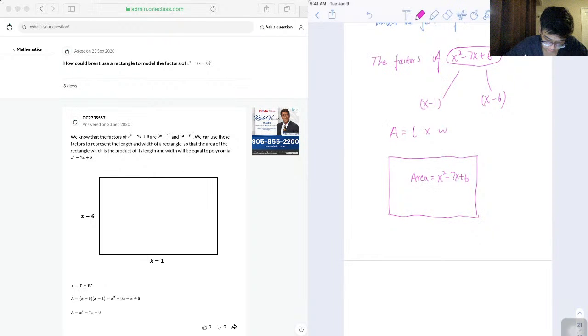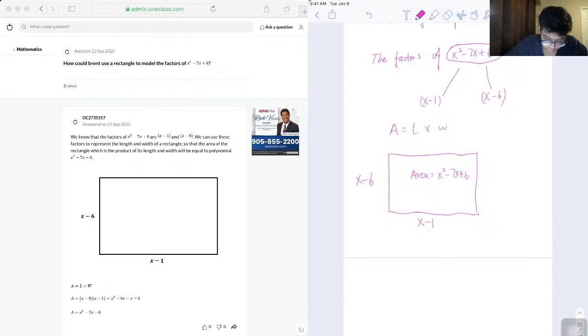Length is x minus 1, and width will be x minus 6. And since we know the formula of a rectangle, area is equal to length times width. So same thing, area, which is x squared minus 7x plus 6, is equal to length, which is x minus 1, times width, which is x minus 6. Right. And yeah, so the area of a rectangle, which is a product of its length and width, will be equal to the polynomial.